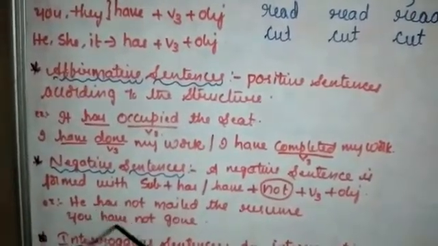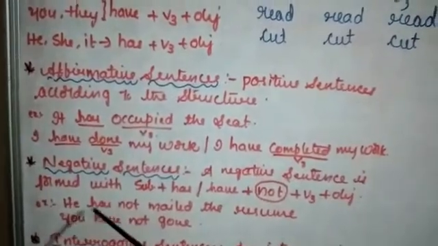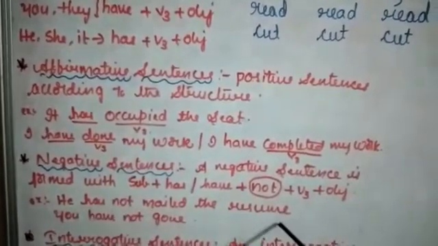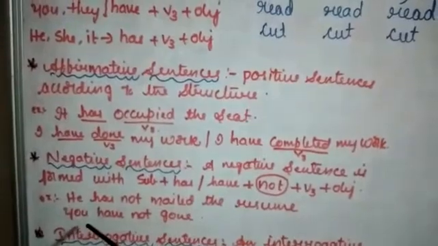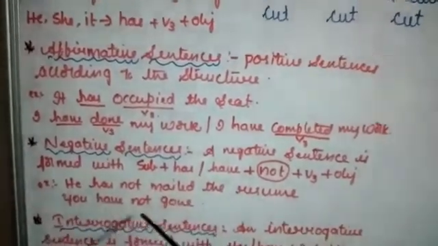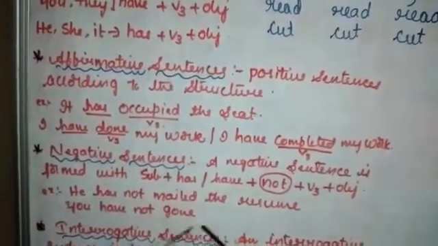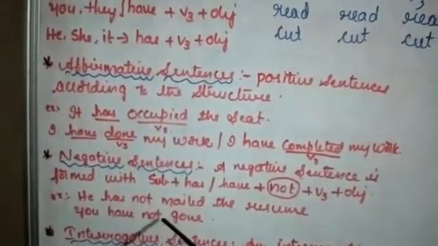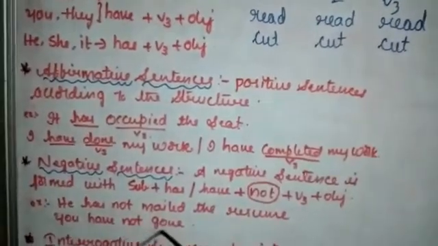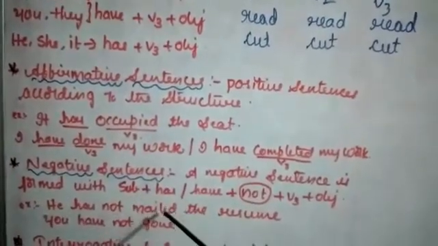Has or have are used in present perfect tense. Remember this. He has not mailed the resume. You have not gone. You have gone is an affirmative sentence. You have not gone there or somewhere else. So not is added to make the affirmative sentence negative. These are called negative sentences in present perfect tense.